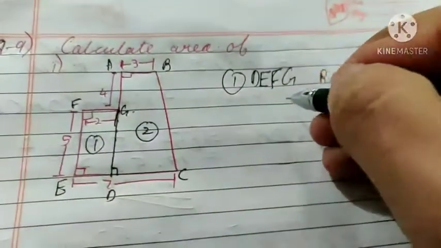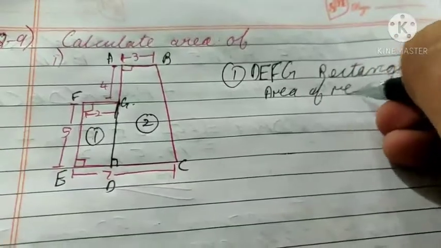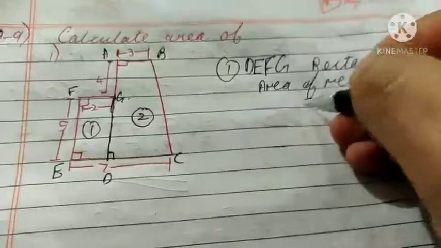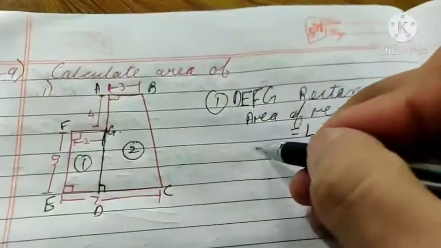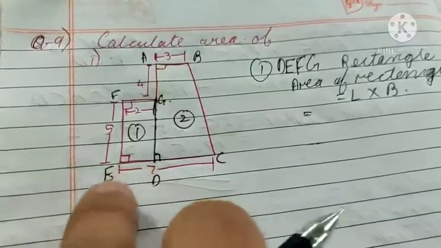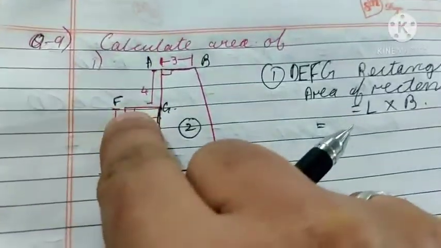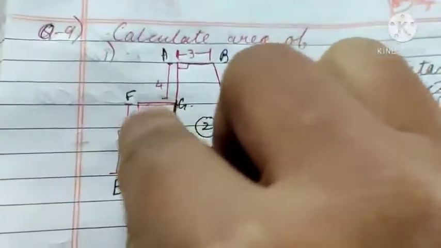So the area of a rectangle is length into breadth. All these sides are given in centimeters. So what is the length here? Length means this base part, ED.